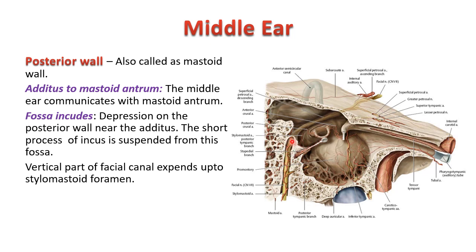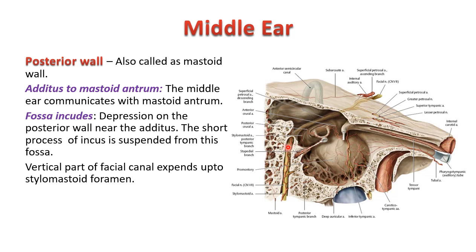The facial canal has a vertical part and also an oblique part, which you will come across in the medial wall of the middle ear cavity. That will be the medial wall of the middle ear cavity, where you see the impression of the oblique part of the facial canal, and this is the stylomastoid branch of the artery, which you are able to see inside the vertical part of the facial canal.